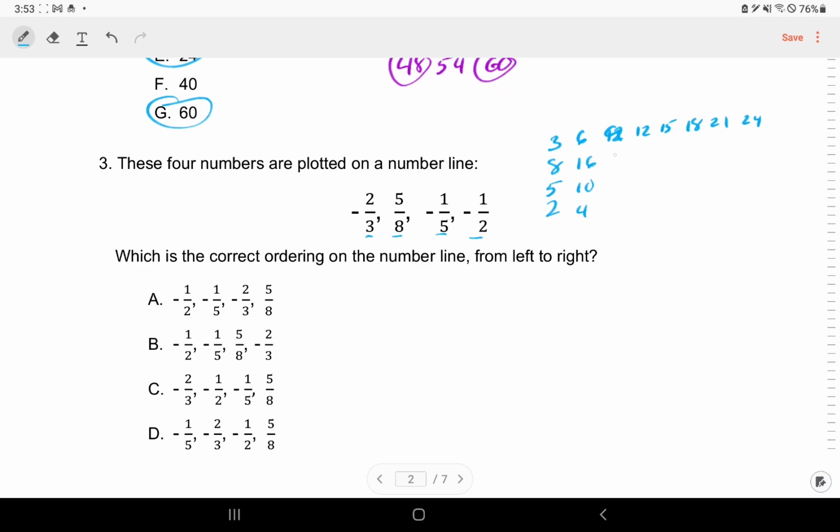Eight's going to go into 24, and 2 is going to end up in 24 because it's even. But 5 won't: 15, 20, 25, 30, 35, 40. But 3 is not going to go into 40.